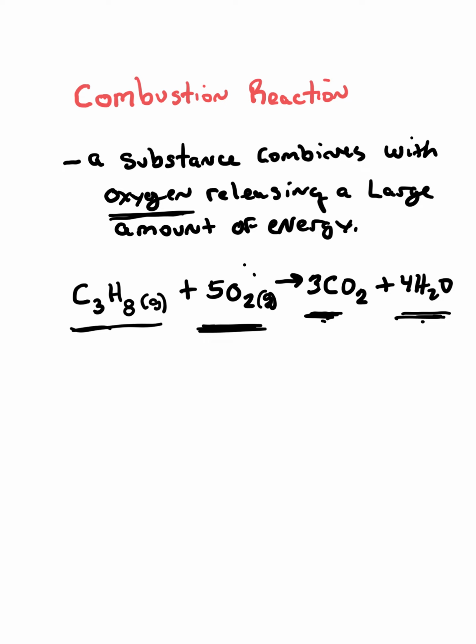For instance, an example that we are exposed to every day is if you are in an automobile that burns either diesel or gasoline, you will see carbon dioxide and water as a byproduct.